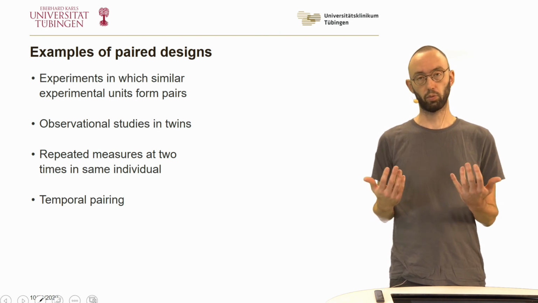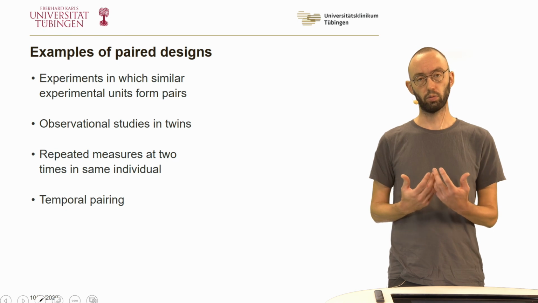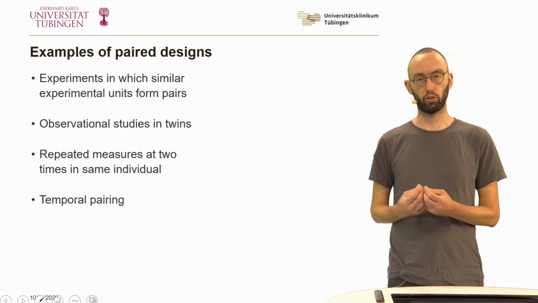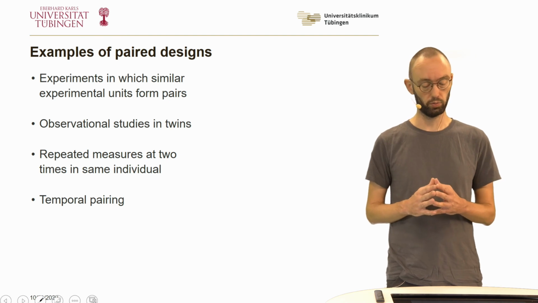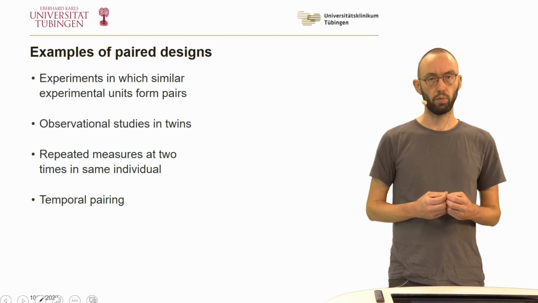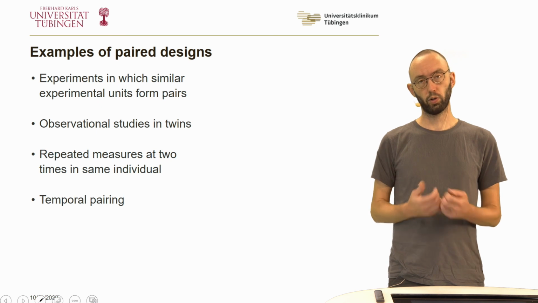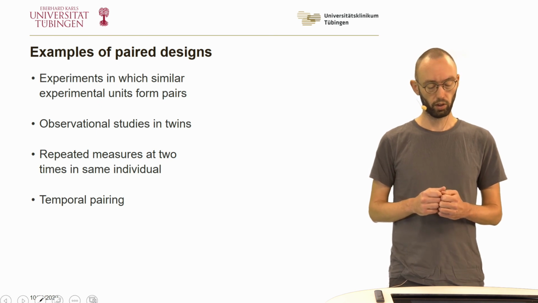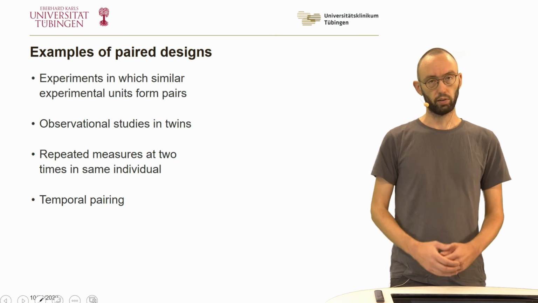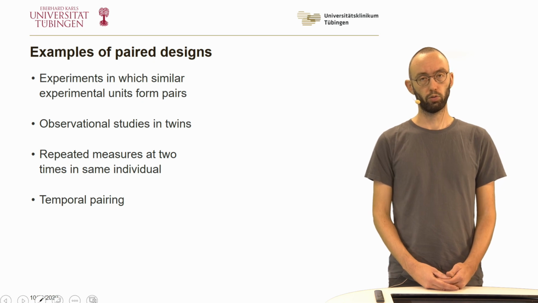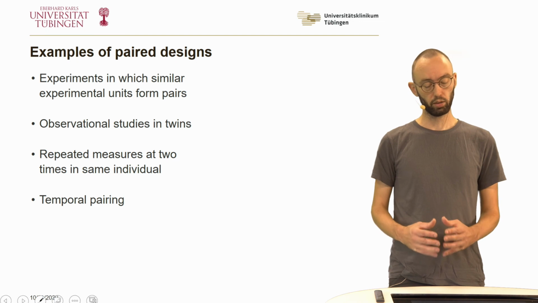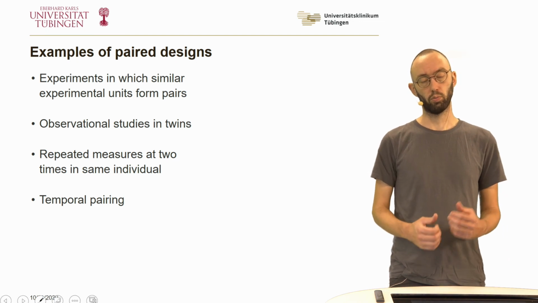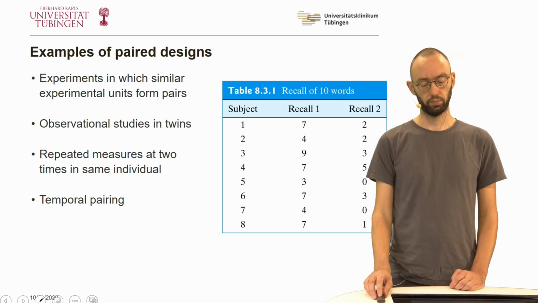These could be treated as pairs, or animals raised in the same cage could be treated as pairs if the other experimental conditions allow so. More typically, observational studies in twins, for example, constitute a paired design, or, and I think this is the most common form of a paired design, is repeated measures at 2 or more times in the same individual.